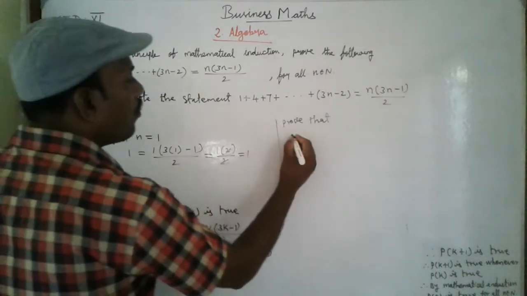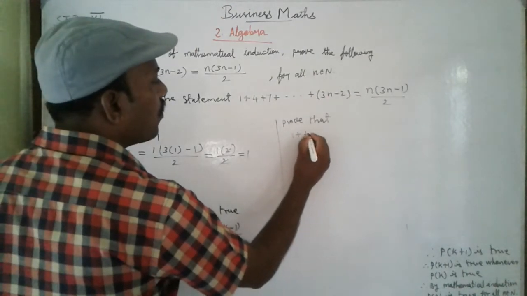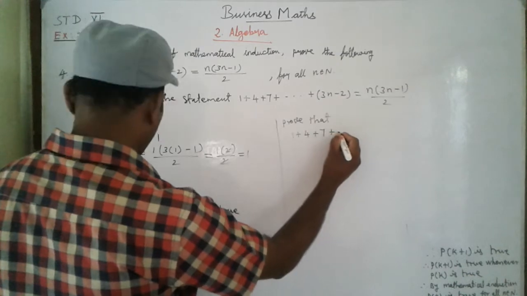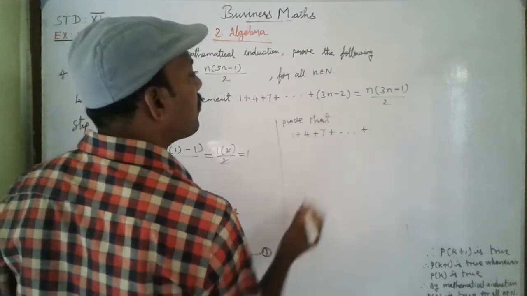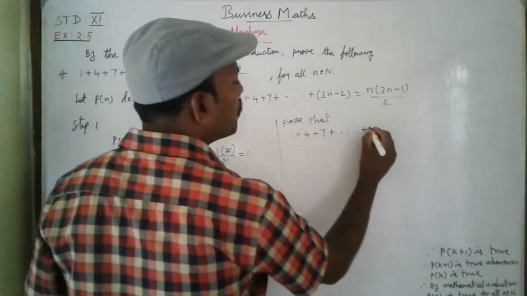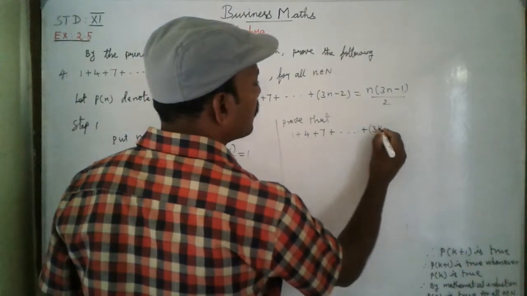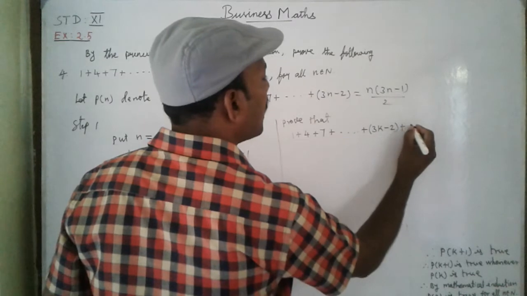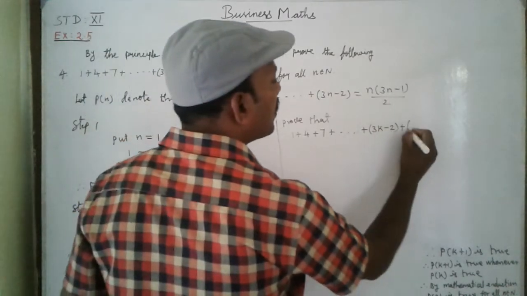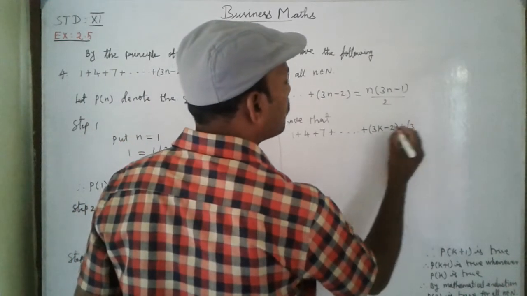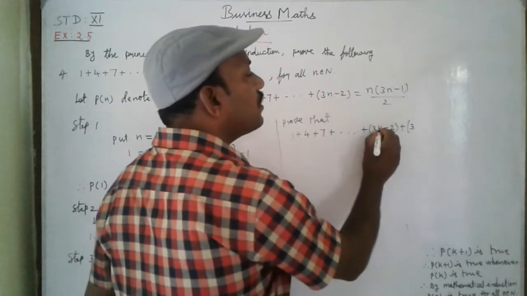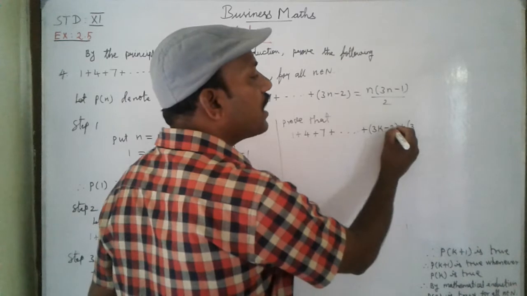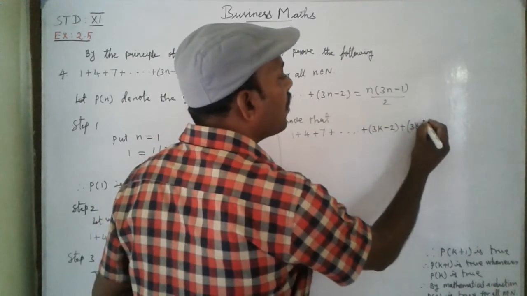So what is here? 1 plus 4 plus 7 plus etc. plus (3k minus 2), k is what? Plus k is k plus 1. So 3k plus 3 plus 1, then plus 3 minus 2 is what? 3k plus 1.